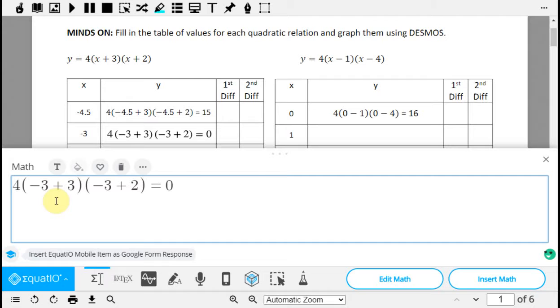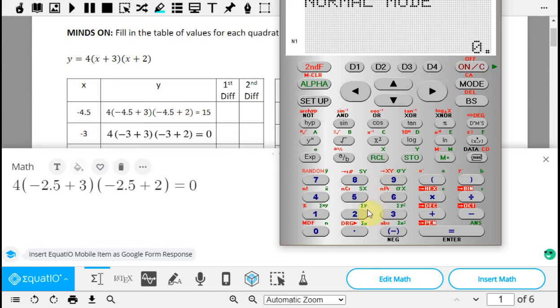Looking at minus 2.5, putting that into my calculator, 4 bracket minus 2.5 plus 3, and then minus 2.5 plus 2, and that gives us minus 1.